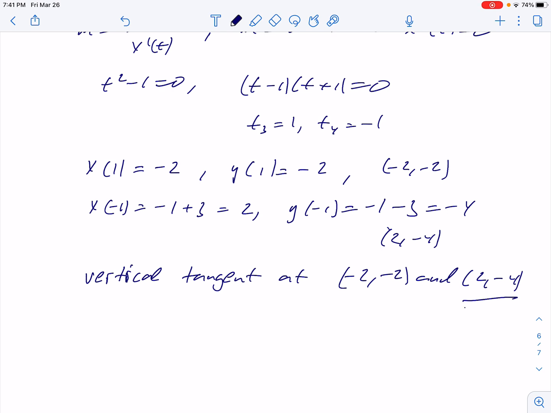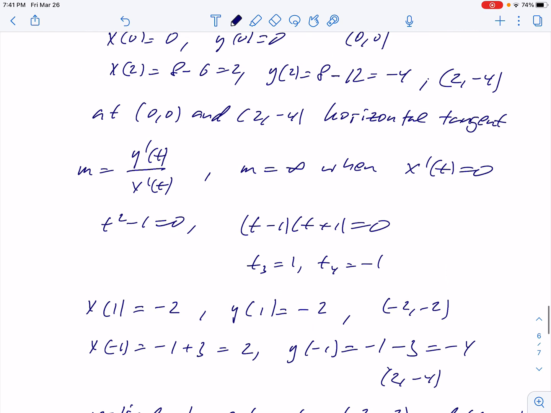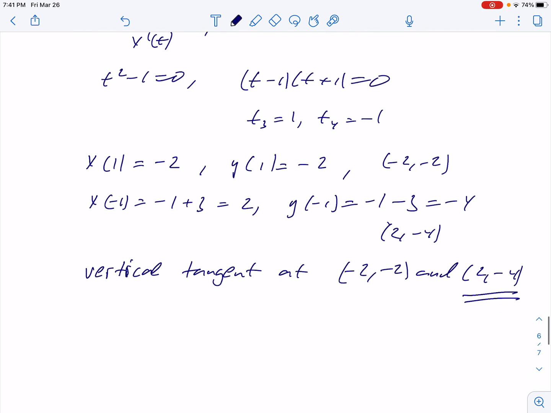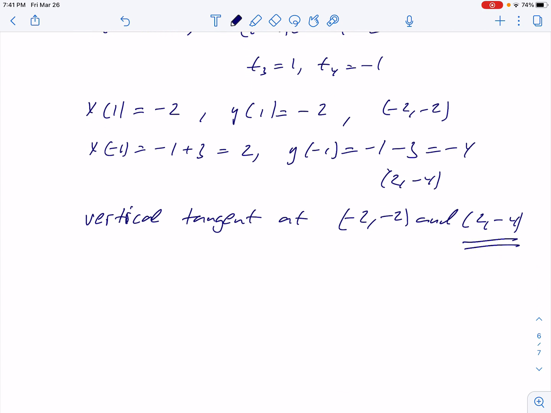And now a natural question appears. What happens at this point (2, negative 4)? We have at the same time a vertical and a horizontal tangent. How is that possible? Here we found this same point for the horizontal tangent. It's quite possible. The curve intersects itself.